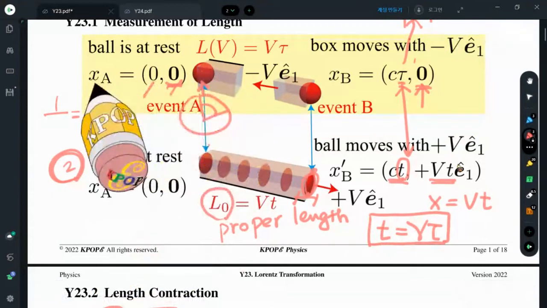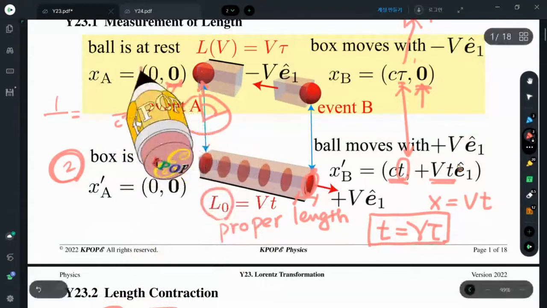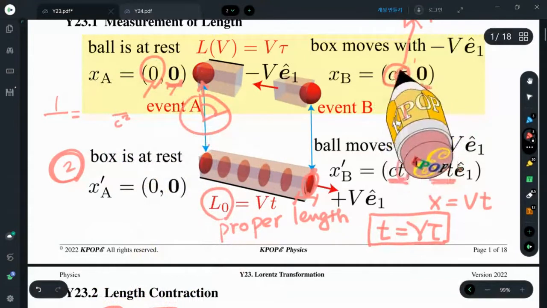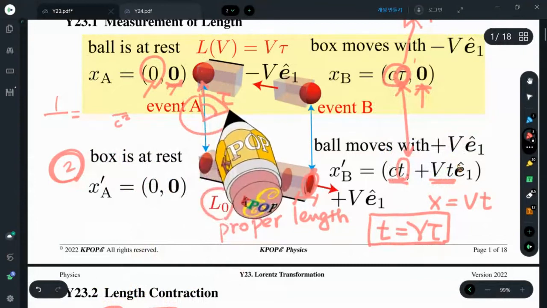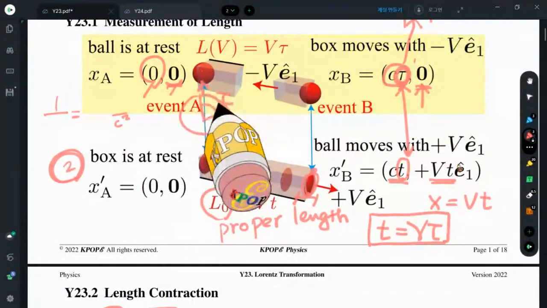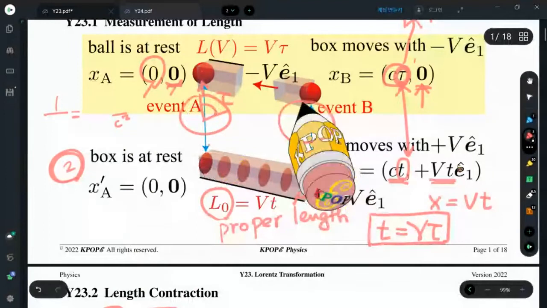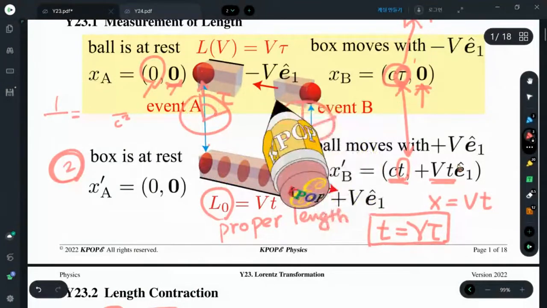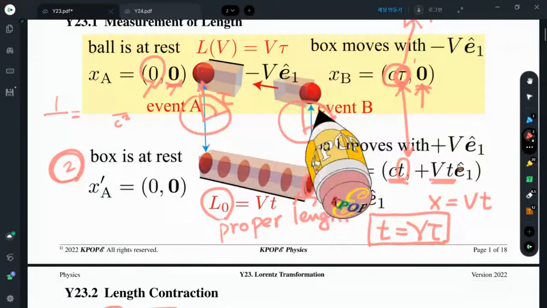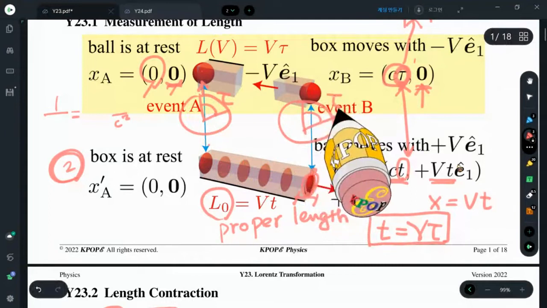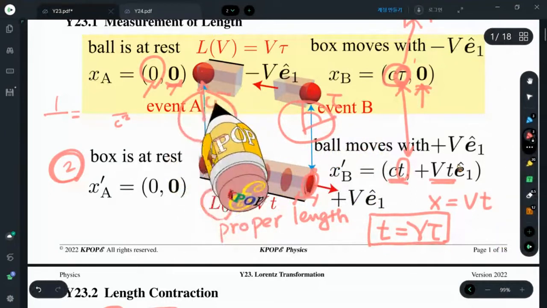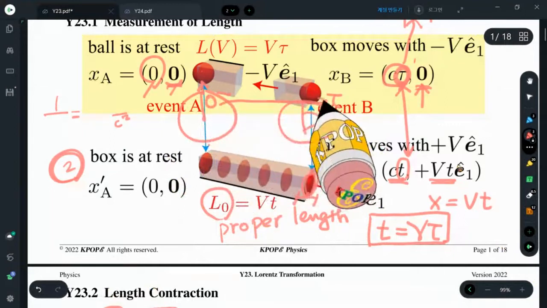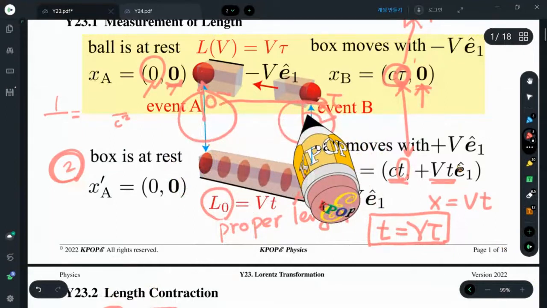In the frame where the ball is at rest, this is tau instead of t. By measuring tau, when the ball leaves the box, you can measure this tau, and here it used to be 0. From 0 to tau. What happens?